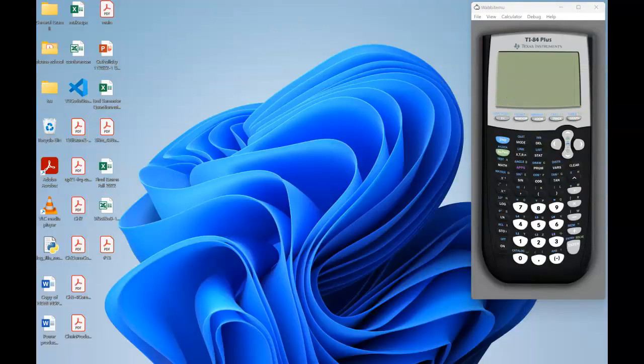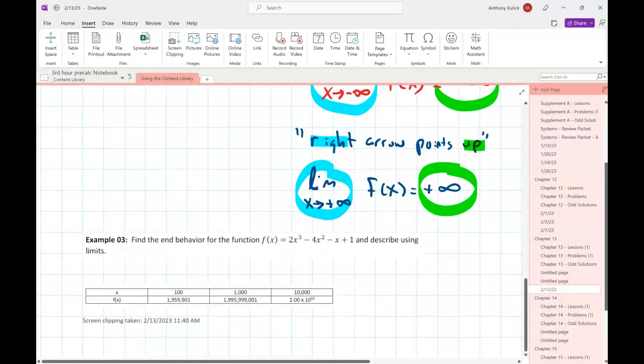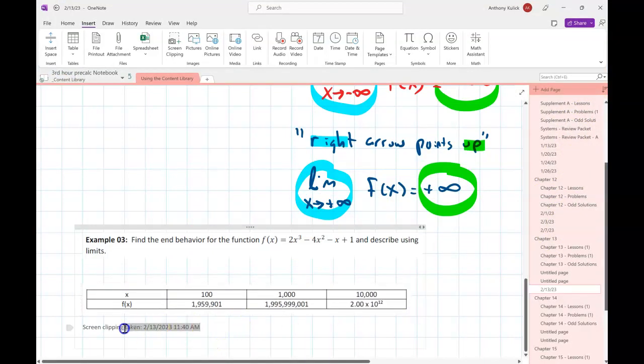You could graph and look at the picture, but you could also look at a table of values.